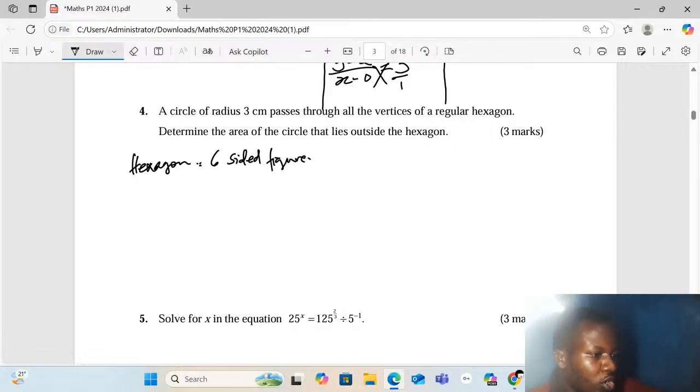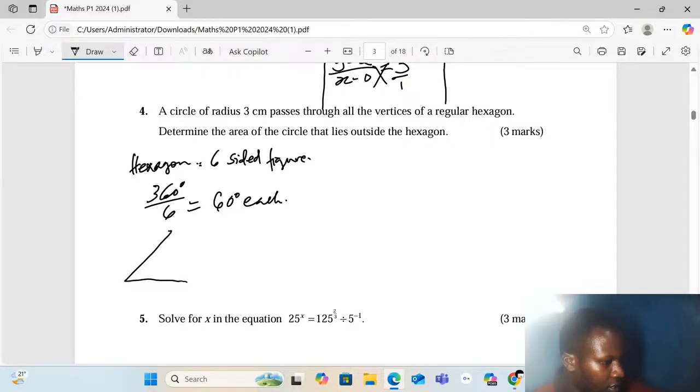So each angle is going to be 360 degrees divided by 6. So each angle is going to be 60 degrees each. So we are going to have each having what? 60 degrees. This one looks like this in real sense.